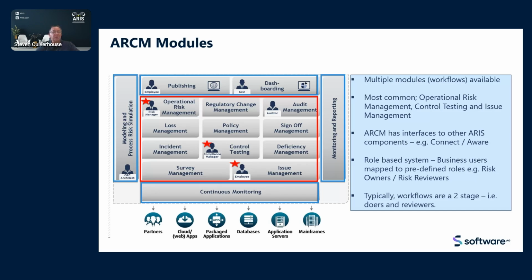What we need to do is allocate business users to those roles so that when a user logs into the system, it knows that Fred is a risk assessor or Joe is a risk reviewer, etc. So allocation of business users to predefined workflow roles is one of the tasks in the modeling.